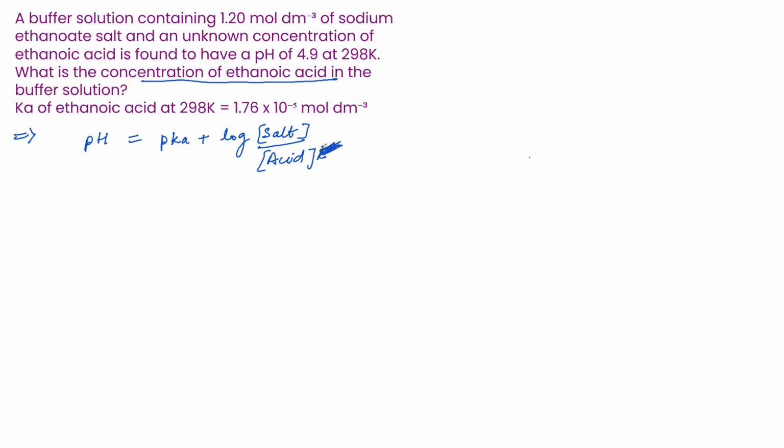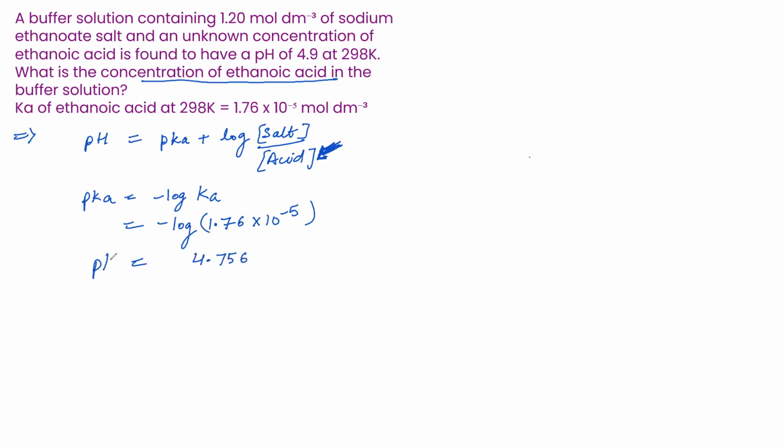So first of all, let us calculate the pKa value. pKa is negative log Ka. So negative log of the Ka value, 1.76 times 10 to the power negative 5. Calculated, you will get 4.756.